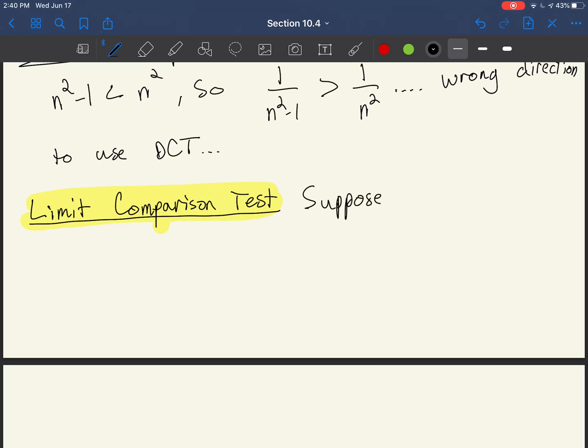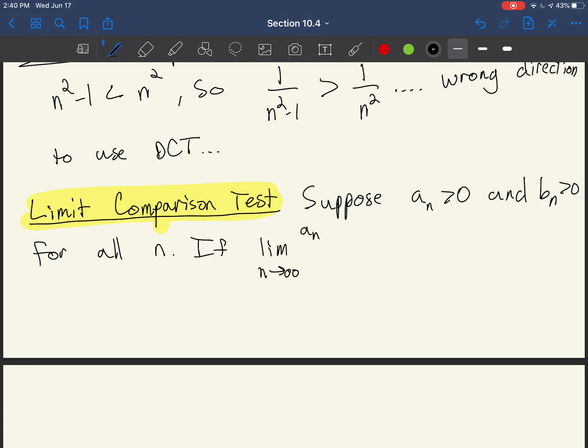So the limit comparison test says, suppose that a_n is greater than 0 and b_n is greater than 0 for all n.